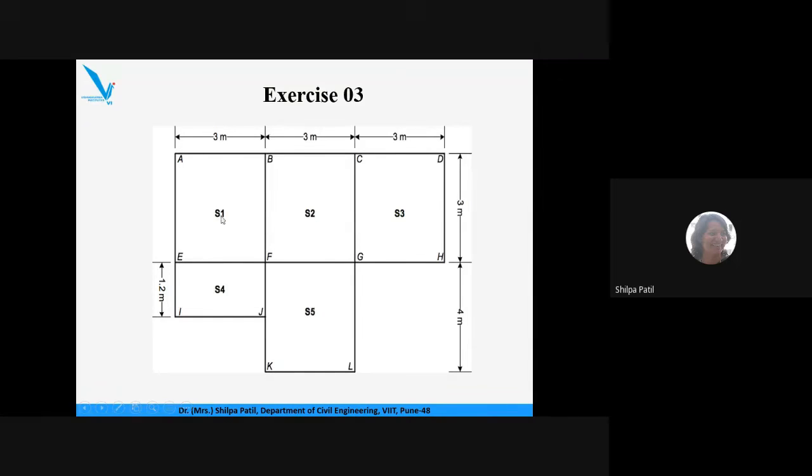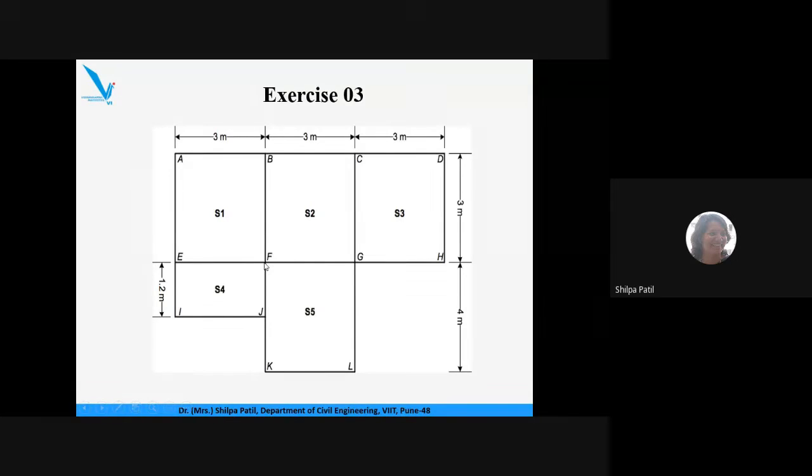Suppose from S1 your load will get transferred to the beam BF. Similarly from S2, if you observe, these are two-way slabs, so from S2 the load is again transferred to BF. Similarly, for analyzing the beam, whatever reaction of the beam comes, you will apply on a column as a load, and for that load you will design the column, right?